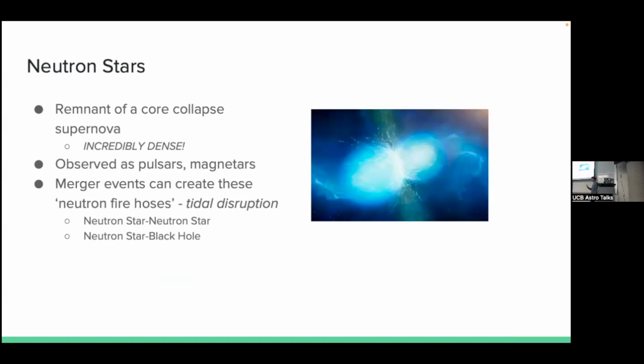They're literally nuclear density. All the atoms in my body are like 99.999% empty space. Those electrons orbit pretty far out. But with neutrons, you can kind of think of it as one gigantic nucleus. These things tend to be something like 1.5 times the mass of the sun, crunched down into about the size of San Francisco. Incredibly dense.